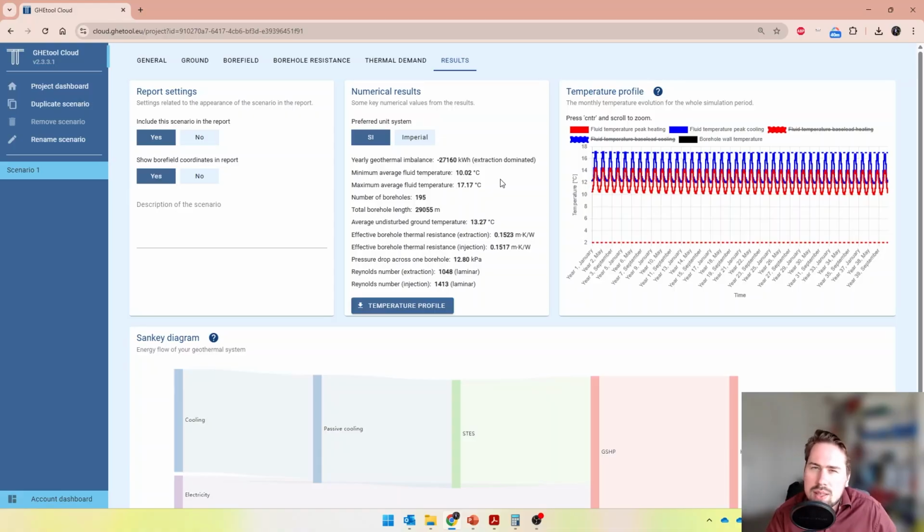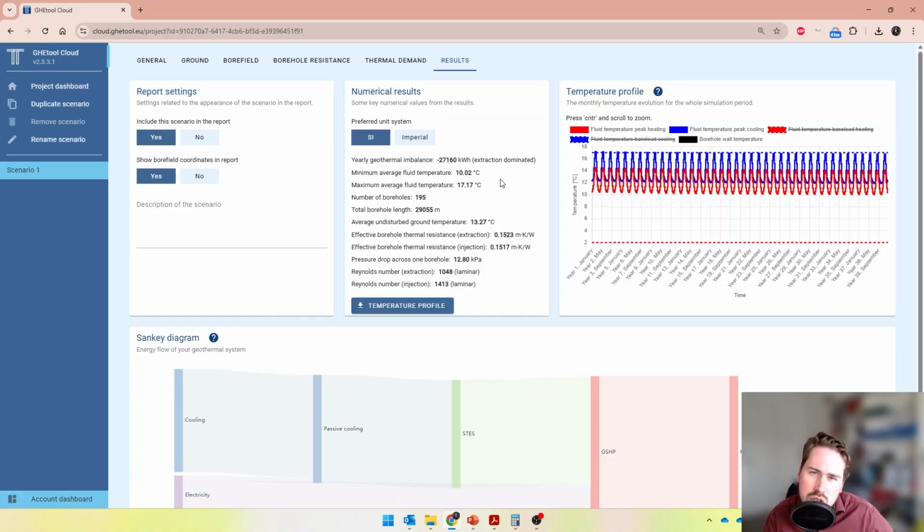Now, we always need to take into account that we're working with assumptions. In this case, we're working with a monthly load resolution, which is not that accurate, let's say. We're also working with a very high cooling peak, 336 kilowatts.